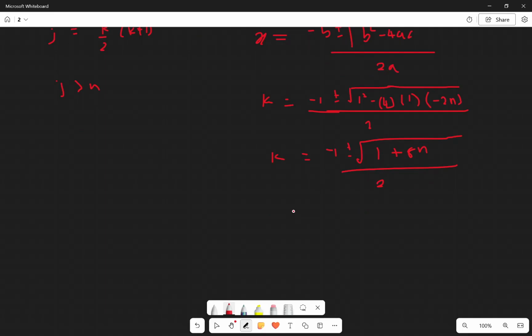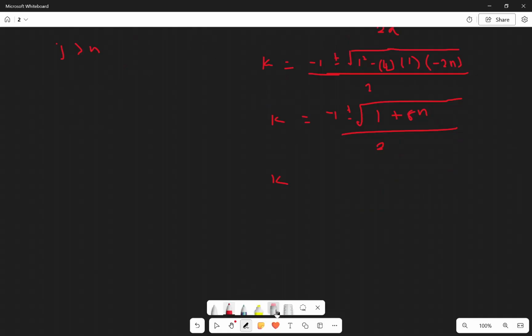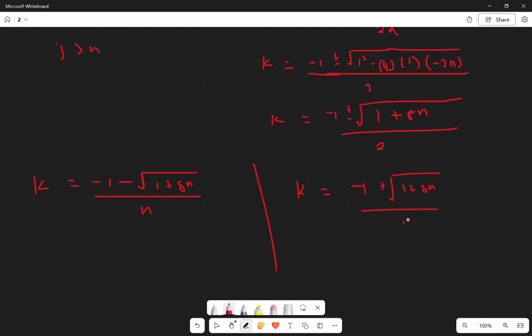Okay, so I can say k is either equal to (-1 minus the square root of 1 + 8n) divided by 2, or k is equal to (-1 plus the square root of 1 + 8n) divided by 2. So k has to be a positive value.